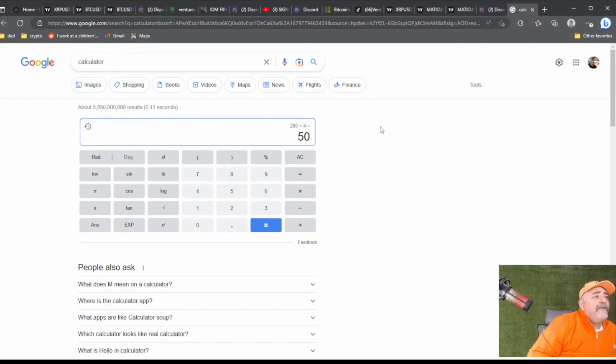Now, if you win 4 trades that make you 50% gains, remember we're going for 50% gains here, right? That means on our 50% gains, we're going to have $25 times 4. That's our $100.